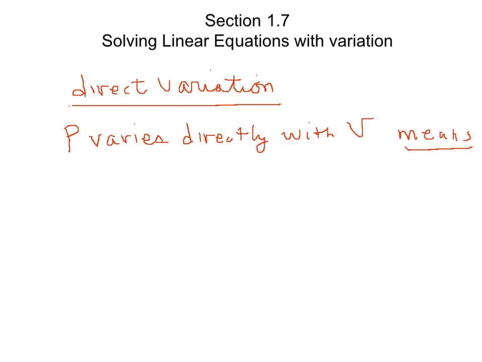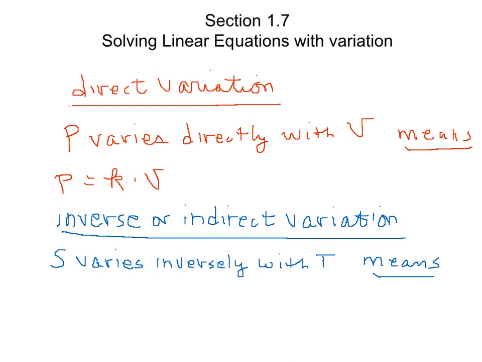So if I say that P varies directly with V, what that means is that P is equal to some constant K times V. And what that implies is that as P gets bigger, V gets bigger. As P gets smaller, V gets smaller. And they kind of vary in a way that they each make the other one change in the same way that they are changing.